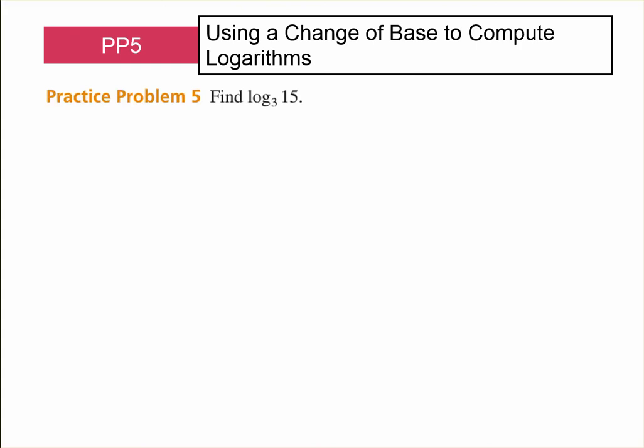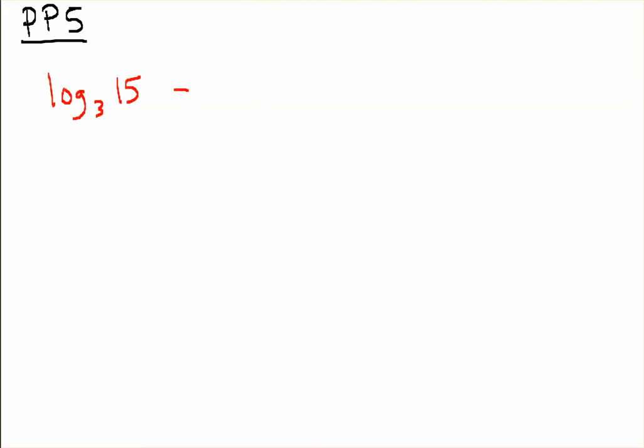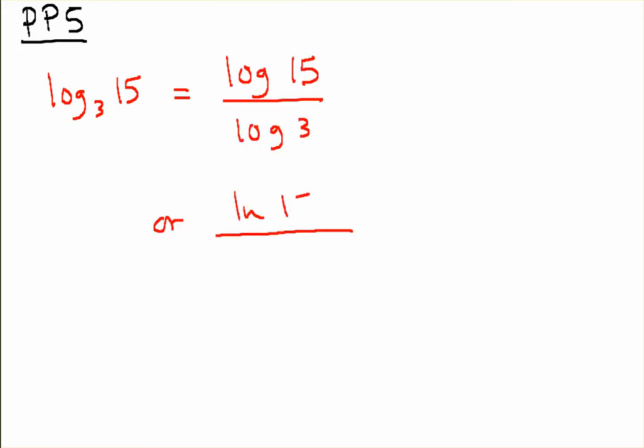All right, I'm going to try it here. So log base 3 of 15 changes into log of 15 divided by log of 3. Or you could put ln of 15 divided by ln of 3. Because ln occurs so much in nature, maybe about 70% of the time you're going to use ln in calculus, and about 30% of the time you use log, just because the numbers work out differently.